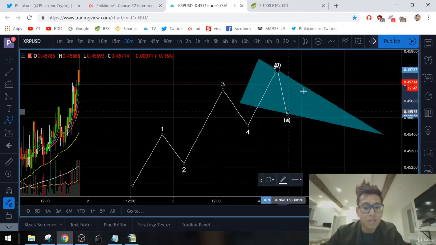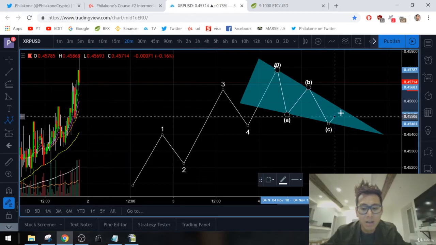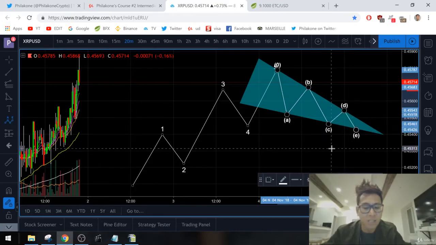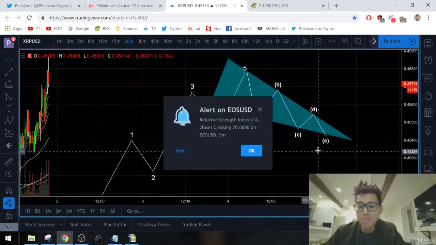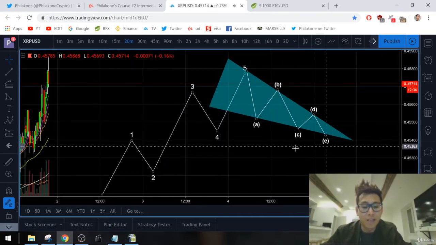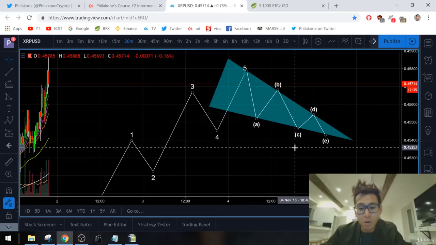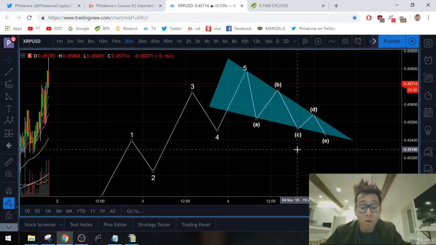So what is the difference between an ABCDE and a structure that's a falling bullish wedge? Well, a falling bullish wedge is only found in the A structure, or the C structure, or the 5th wave.